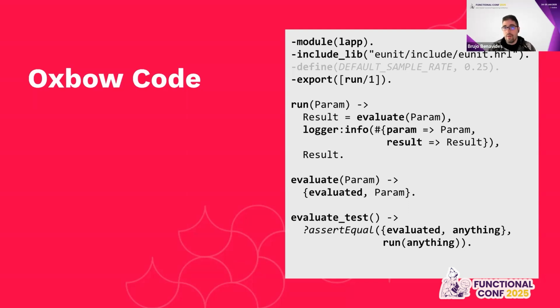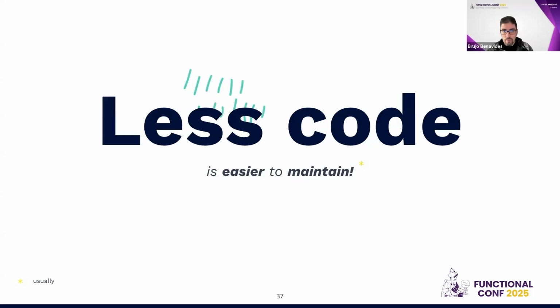And while nobody advocates for the removal of Oxbow lakes, of course, I guess we can all agree on the benefits of removing Oxbow code. We all intuitively know that less code is easier to maintain than lots of code, regardless of the language.